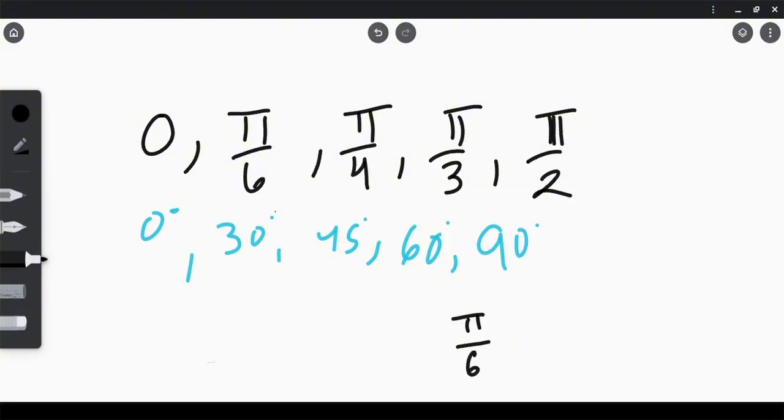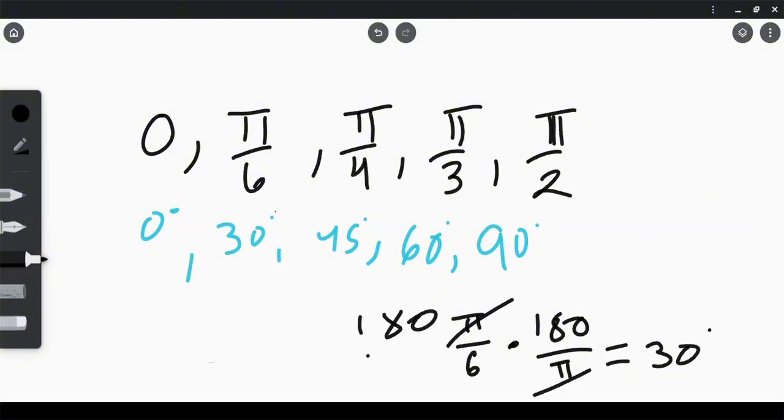Like, I want to convert pi over 6 to degrees, right? We just multiply by 180 over pi. And that should give us 30 degrees, because the pi's cancel and it's just 180 over 6.